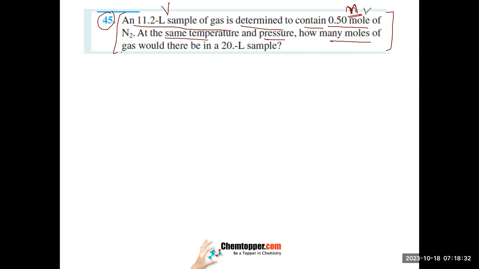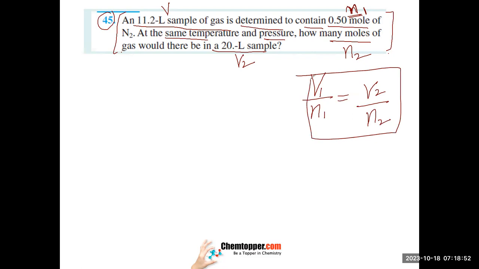So this is N1 and they are asking N2 when the volume changes to V2. So we have this law: V1 over N1 is V2 over N2. You can write it like this, or like this also. It's the same thing mathematically. They are asking you to calculate N2.